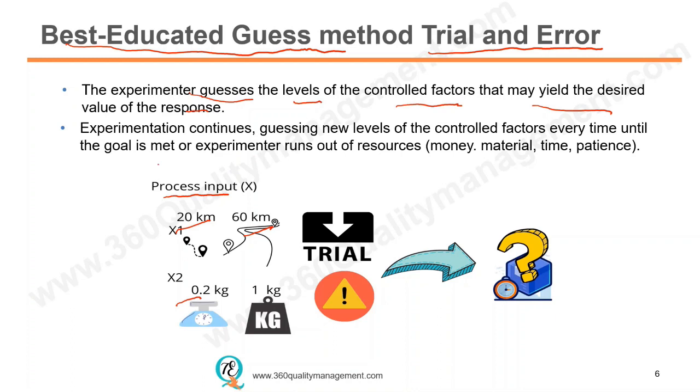The experiment will continue until either the goal is met or the experimenter has run out of resources to conduct the experiment, because experiments actually need money, material, time, and patience to conduct. The downfall of this method is that you will have a lot of inconclusive results, which could be based on perception and not proven. It also leads to unreliable results.